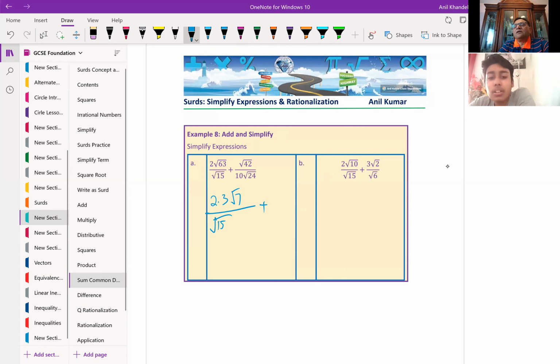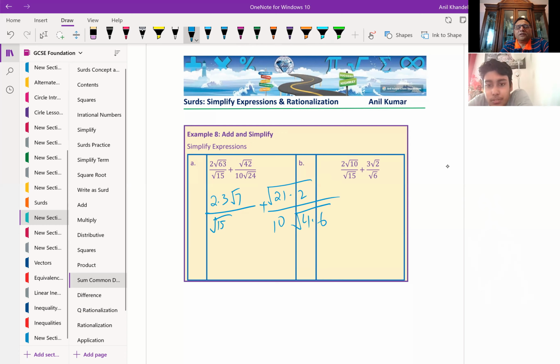Nothing common. 42. 42, can we break it up? It can be broken down into 21, which doesn't help, right? 21 and 2, nothing, right? So, well, you may write 21 and 2, but doesn't really help, right? 10, square root 24, you know, is 4 times 6. It can be broken down to 4 and 6. Well, we got all this, right?